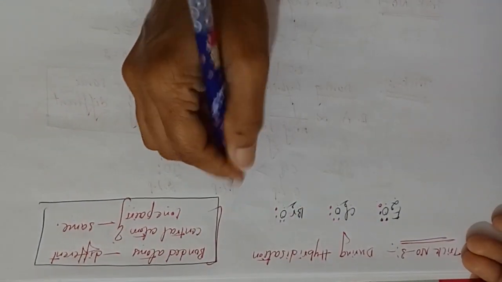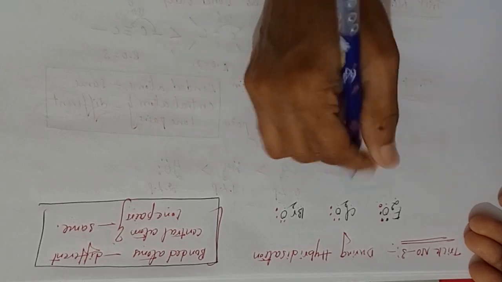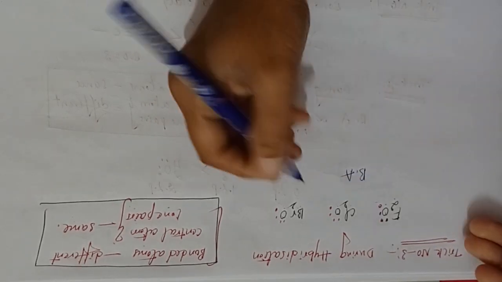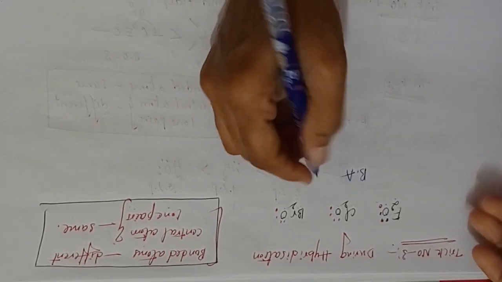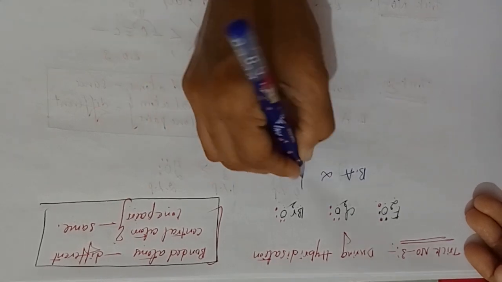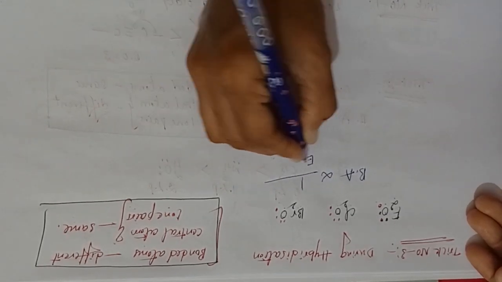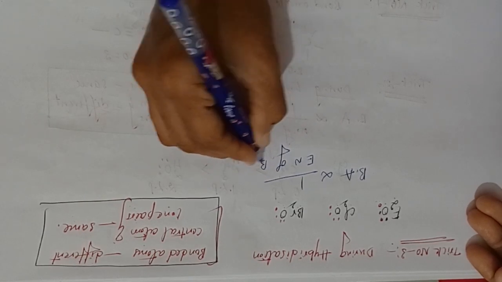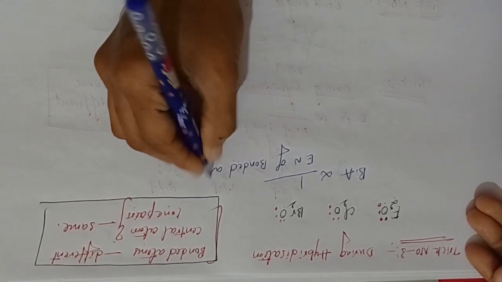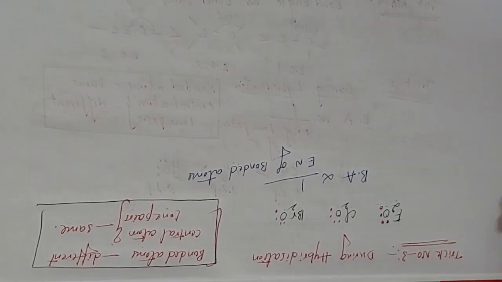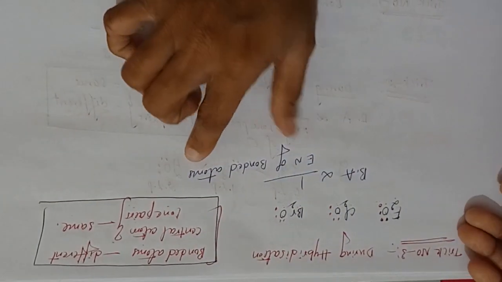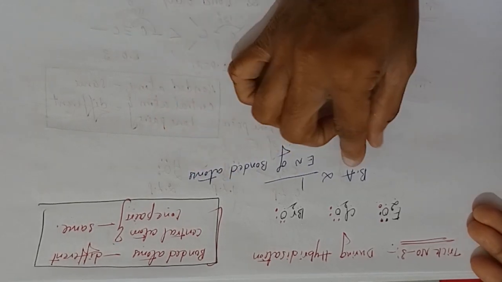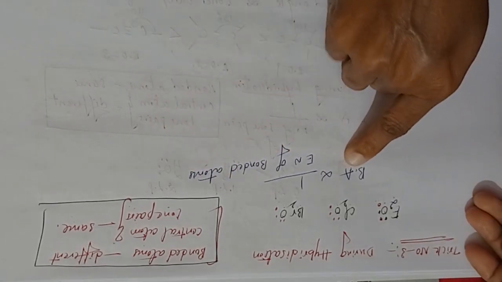What you have to remember: bond angle is inversely proportional to the electronegativity of the bonded atoms. So that means if the electronegativity of bonded atoms increases, then bond angle decreases, students.